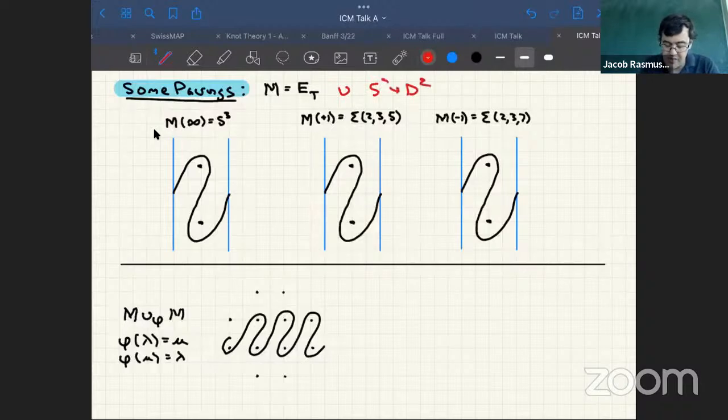You saw the invariant of S1 times D2 is a straight line. So for example here, if I wanted to Dehn fill in such a way that I got back S3 from this knot complement, the way that I would do that is I would draw a vertical line here. There's exactly one intersection point, and that's telling me that HF hat of the Dehn filling, which is HF hat of S3, is one-dimensional.